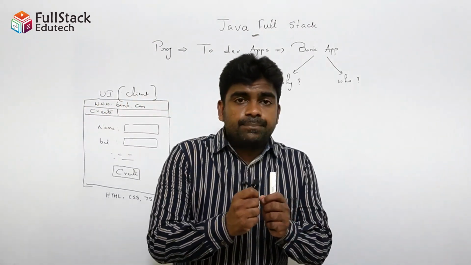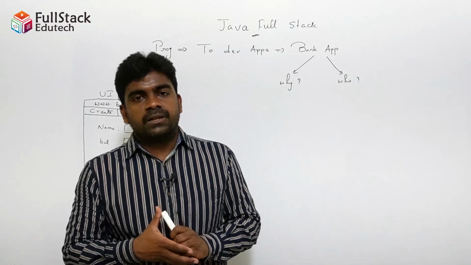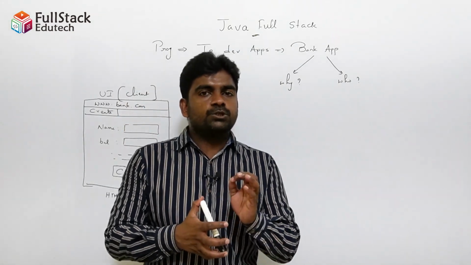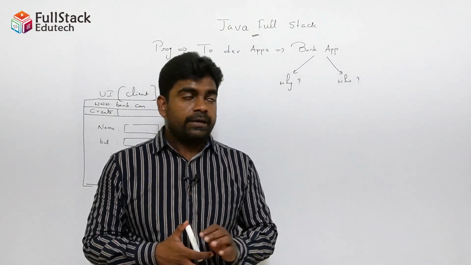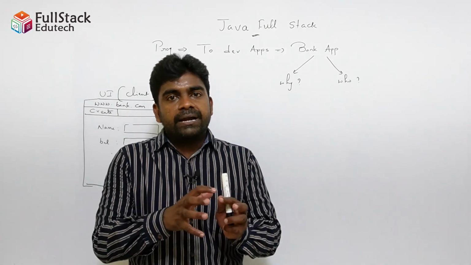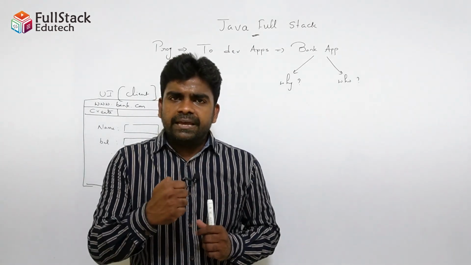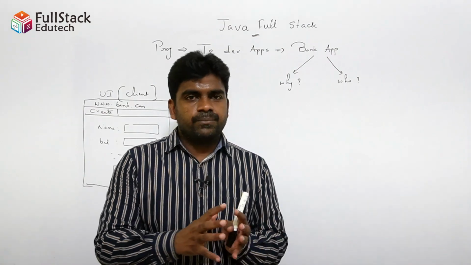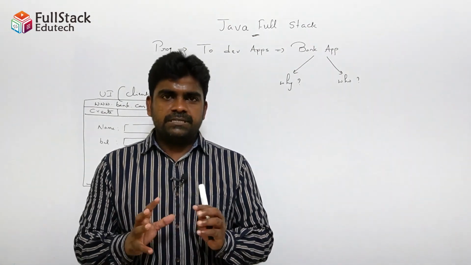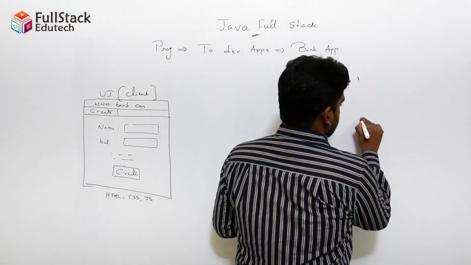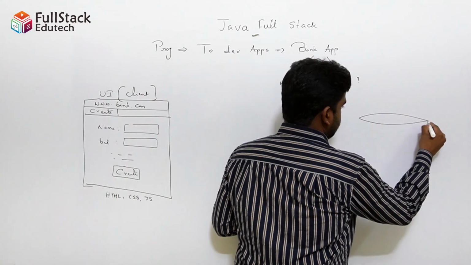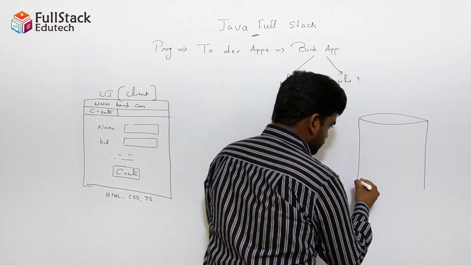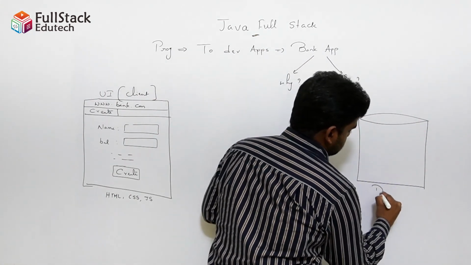Because what will the bank application do? The bank application will store the information of customers permanently. Where will they save the data permanently? Either in a database or in the cloud. First, a simple one: we store the information permanently in a database management system.